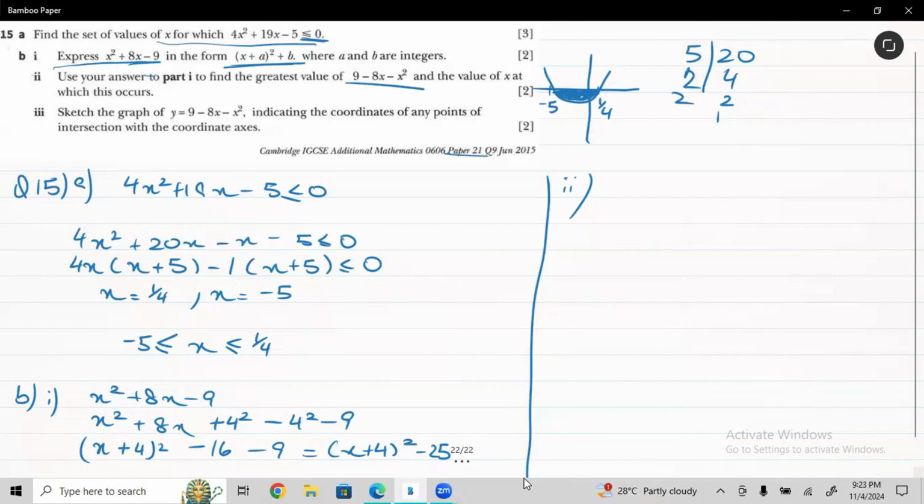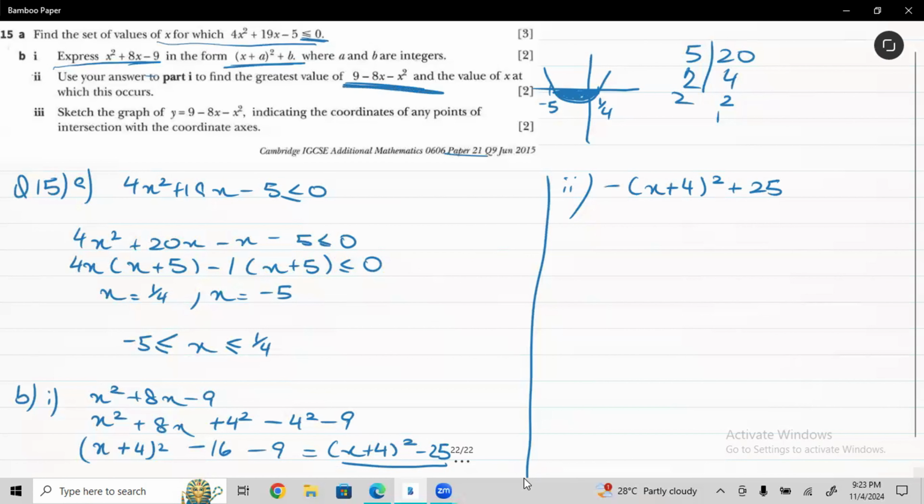However, they have multiplied it by negative. Whatever we have for the equation, x plus 4 whole squared minus 25, we take it and multiply it by negative. So negative x plus 4 whole squared plus 25. And if you open this one, you get the same equation.